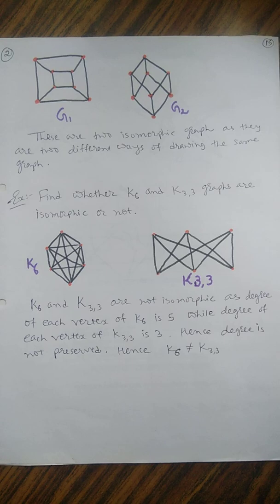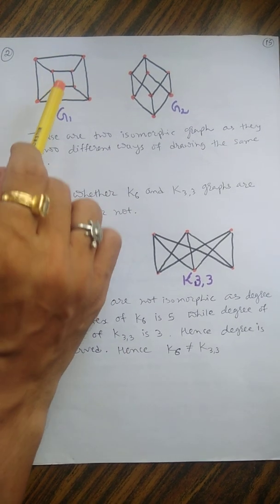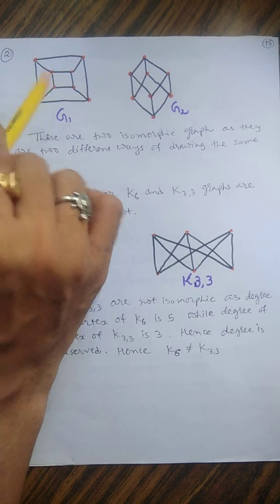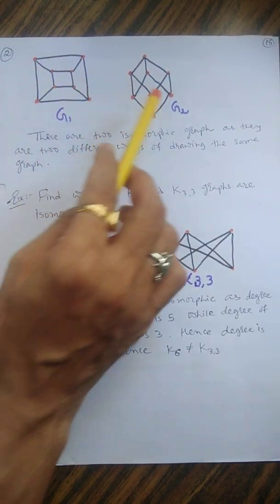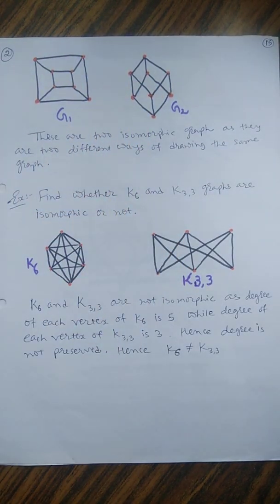Now we can easily understand if you look at these two graphs: this is a graph of a dice, with an upper view and a side view. Both look the same, so both are isomorphic graphs, as two different ways of drawing the same graph.